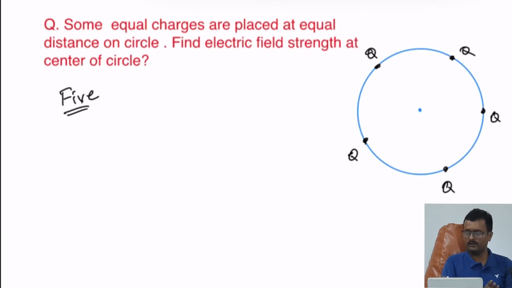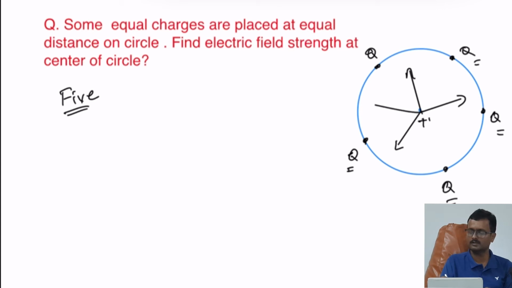Suppose we take 5 equal charges on the circle at equal displacements. At the center is a unit positive charge. So this Q repels along this direction, and this Q repels along this direction, and each of the Q's repels along its own direction.